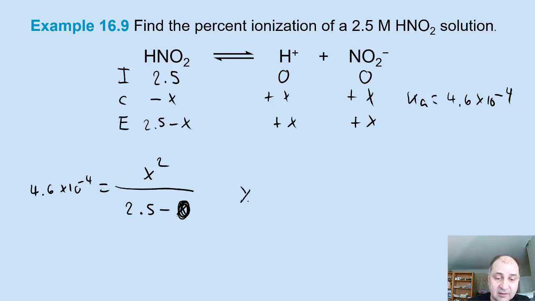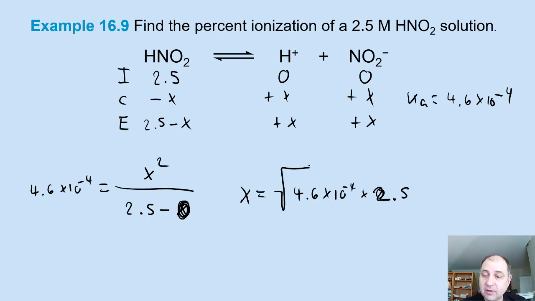Solving for x means I have the square root of the Ka, 4.6 times 10 to the minus 4, times the initial concentration, which is 2.5. If I do that, I get a concentration of 0.034 molar.